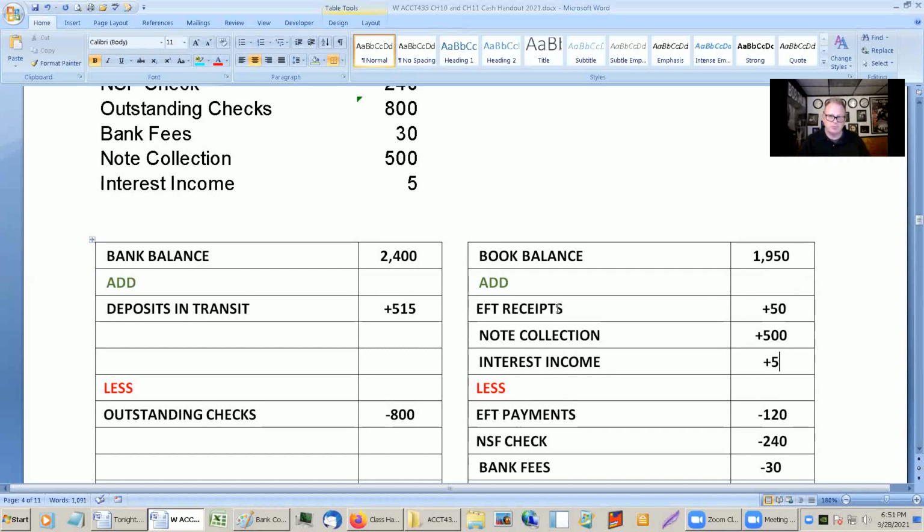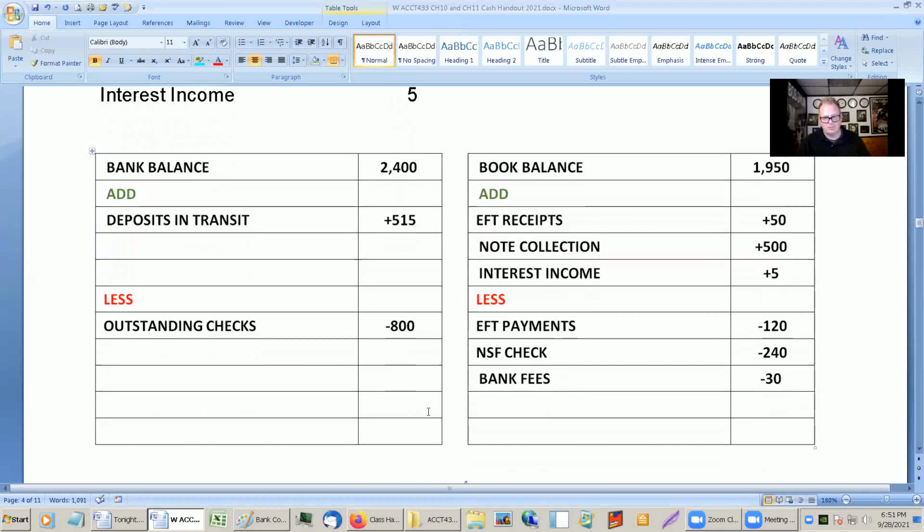Okay, now, if we've done it correctly, we should come up with a corrected balance for both sides. It should be 2,115. To 2,115, you said?